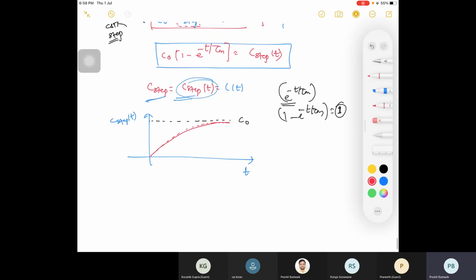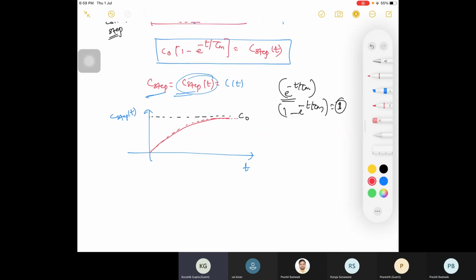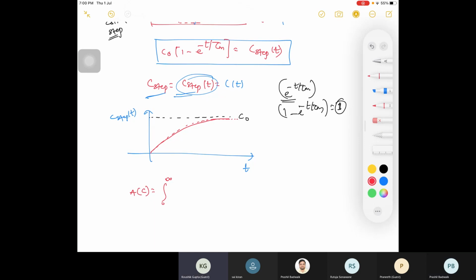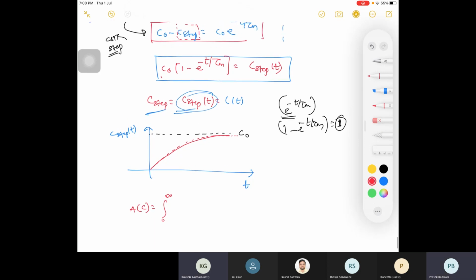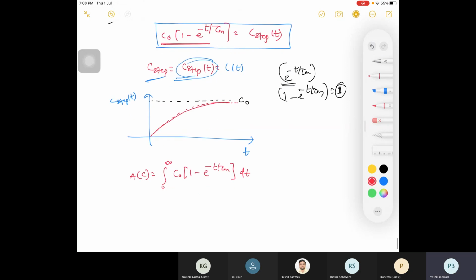Now, what is our next step? Area under curve. How can you calculate area under the C curve? Integral 0 to infinity of C step of t. Area under the C curve is equal to integration 0 to infinity of C naught into 1 minus e power minus t by tau m, dt.